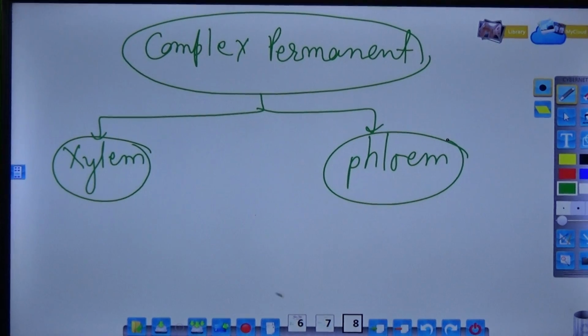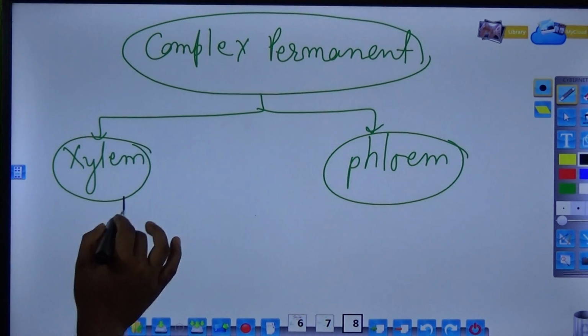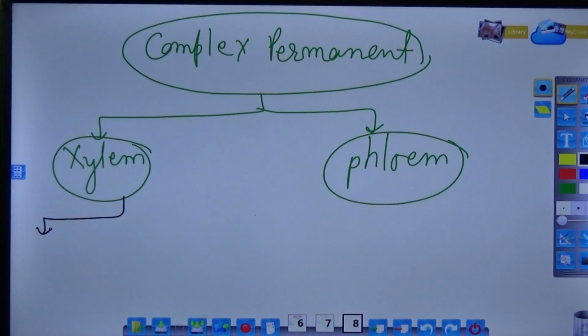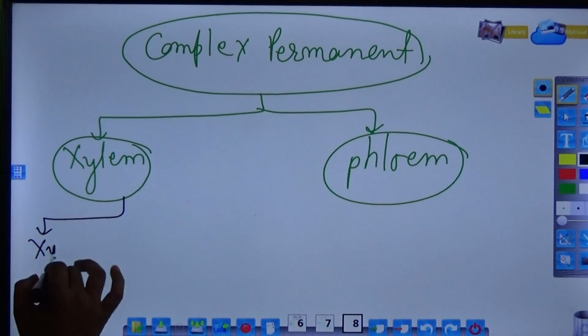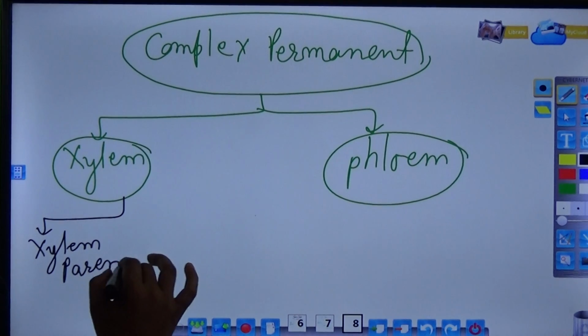Now xylem has four components. First, xylem parenchyma.